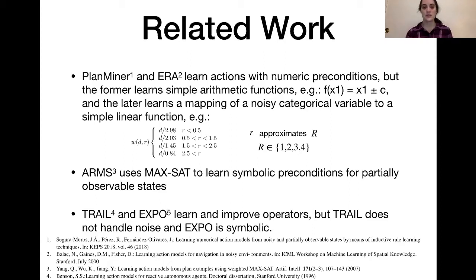Basically, it determines what the coefficient of the function will be. ARMS also uses maxsat to learn symbolic preconditions for partially observable states, but doesn't deal with numeric preconditions. And Trail and Expo both learn operators, but Trail doesn't handle noise, and Expo doesn't handle numeric values.